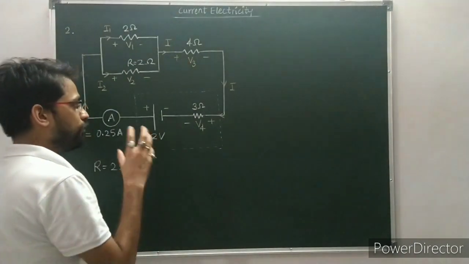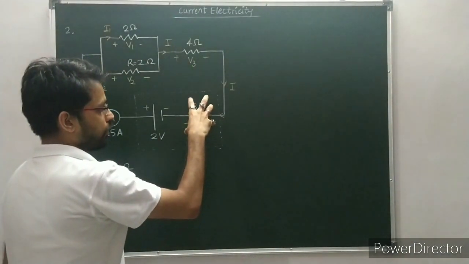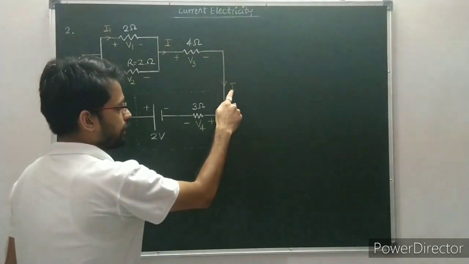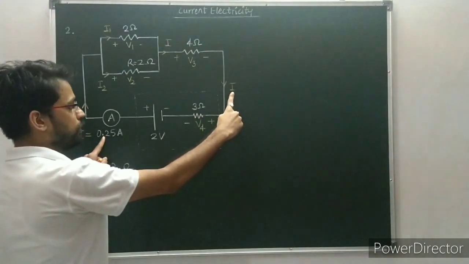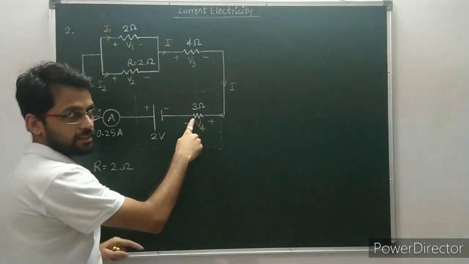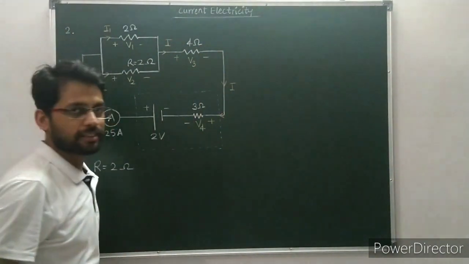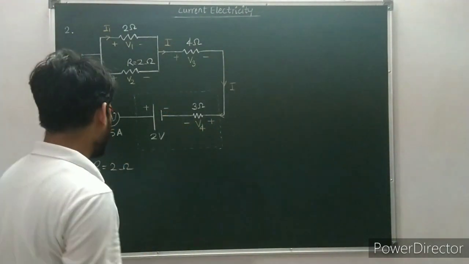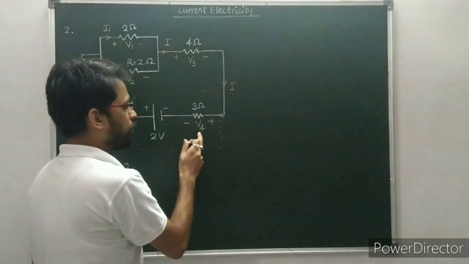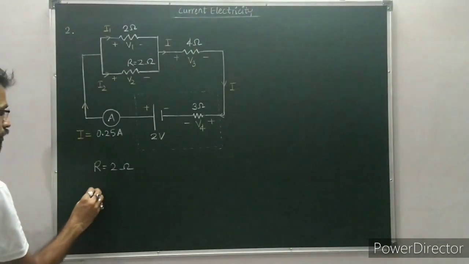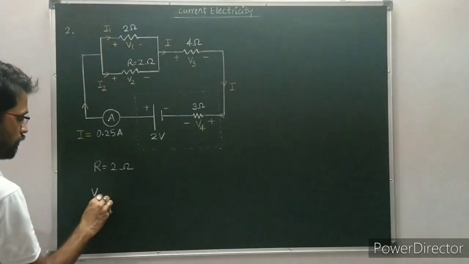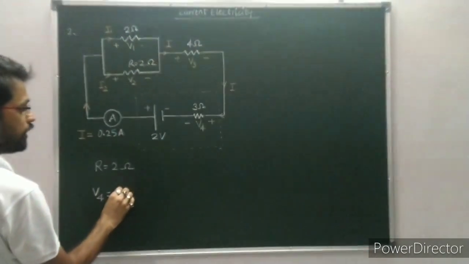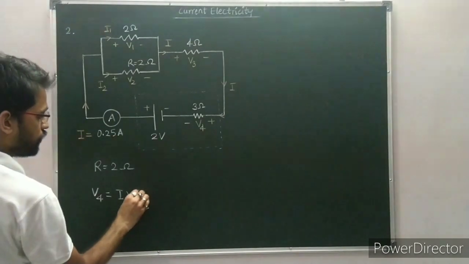Now we know for this internal resistance, the current I, which is equal to 0.25 ampere, is flowing through the resistance, and the value of resistance is 3 ohm. So apply Ohm's law for this element. You get V4 is equals to I into R, so I into 3.